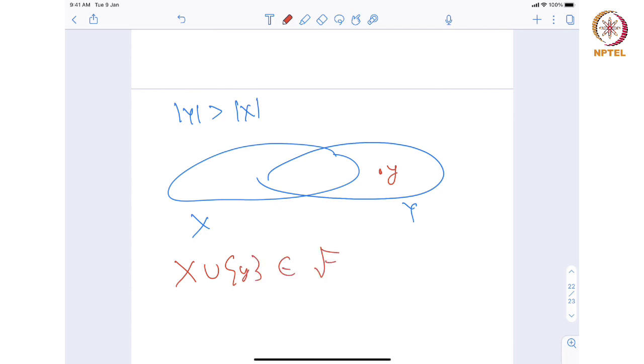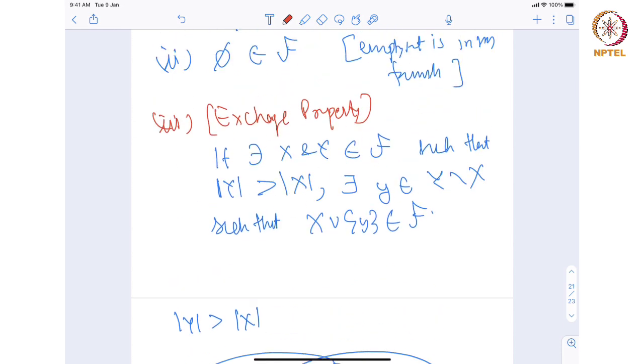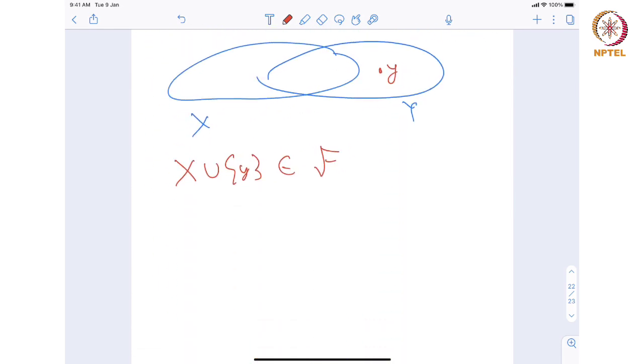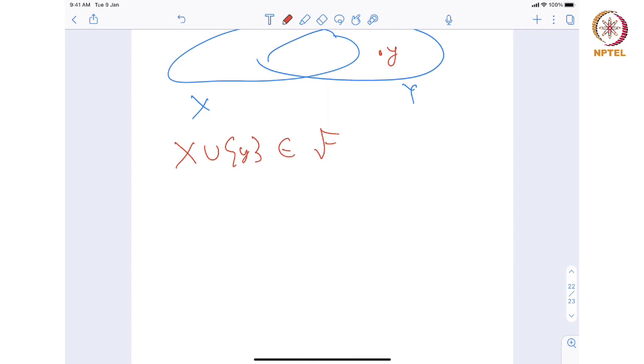So we can enlarge X by an element that is not present in X but only present in Y. These kinds of set families are called matroids.